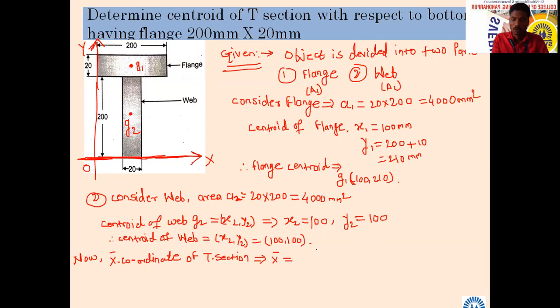X bar is equal to, we know the formula, just before we have seen a1 x1 plus a2 x2 divided by a1 plus a2. हा फॉर्म्युला आता लक्षात ठेवायचा. We should remember this formula a1 x1 plus a2 x2.